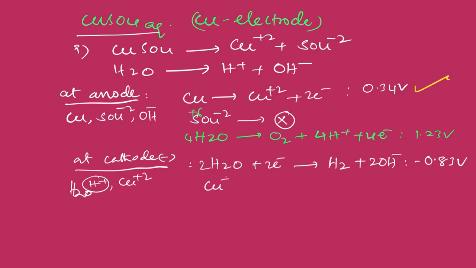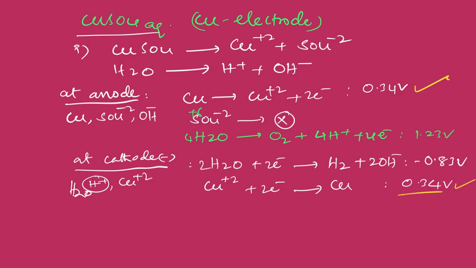Copper ion undergoes reduction, plus 2 electron converts into Cu, therefore its value is 0.34 volt. Now observe, at cathode the higher value is reduced first, therefore this is a higher value than minus 0.83, this one.